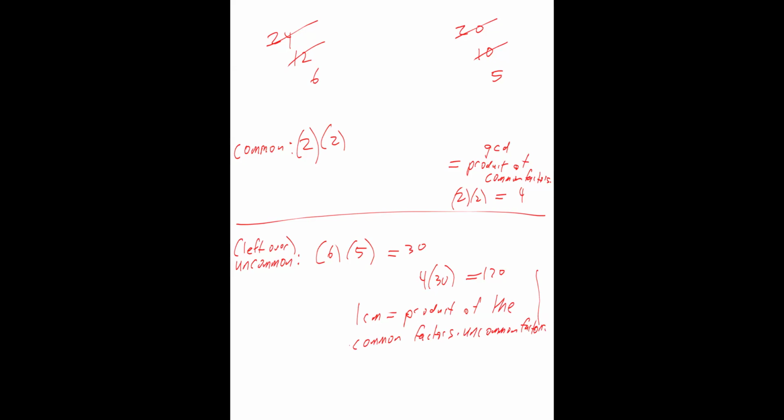So that's another way of thinking about it that maybe doesn't involve so many steps, because you don't have to necessarily find the prime numbers. You can find anything that's in common, cancel it out, and then make it smaller and smaller until there's nothing in common. And then just multiply everything in common times what's left over to get the LCM. And then multiply everything that's in common without the leftovers to get the GCD.